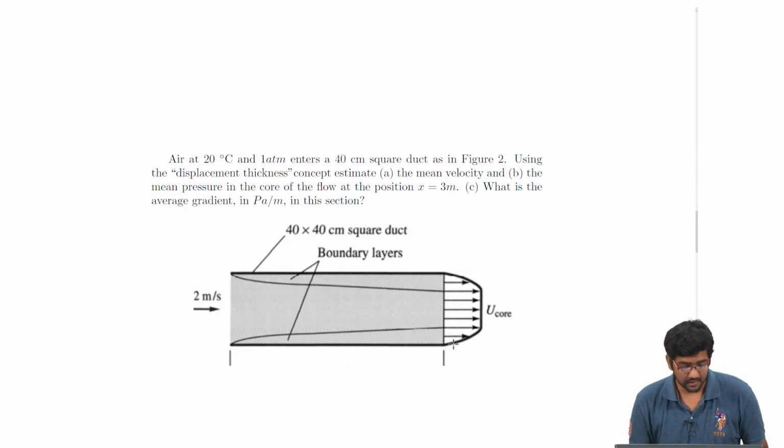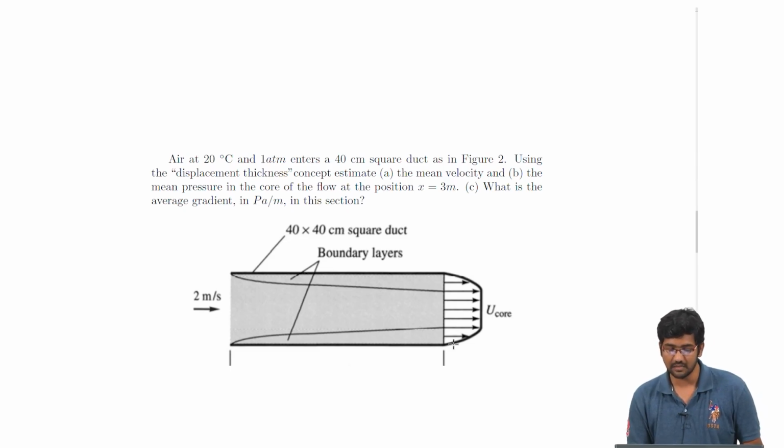The question goes like this: air at 20 degrees centigrade and 1 atmosphere enters a 40 centimeter square duct as shown in the figure, and using the displacement thickness concept we are asked to estimate the mean velocity, the mean pressure in the core of the flow at the position x equal to 3 meters, and the average gradient in Pascal per meter in this section.